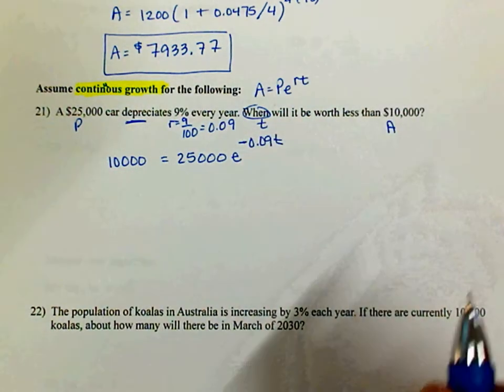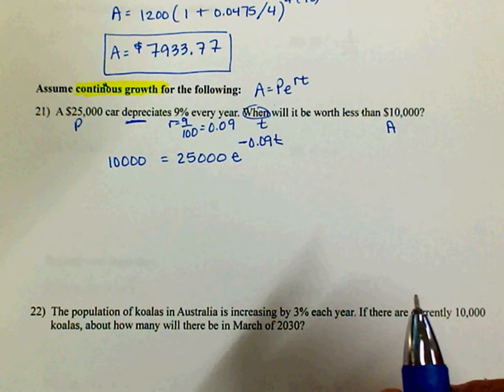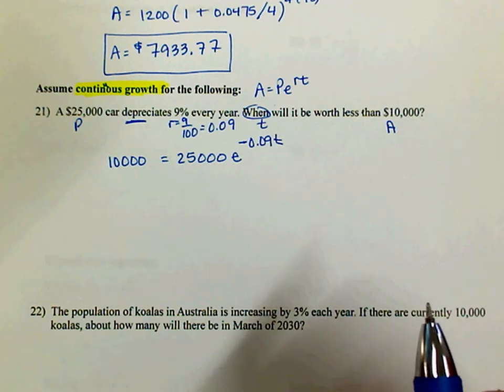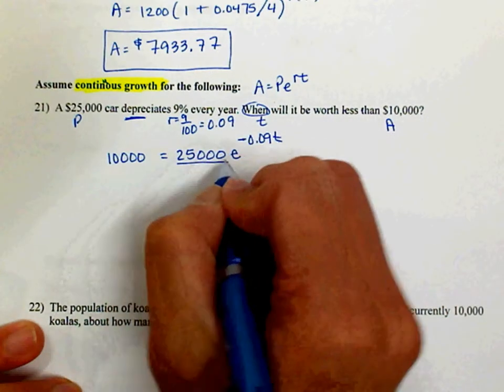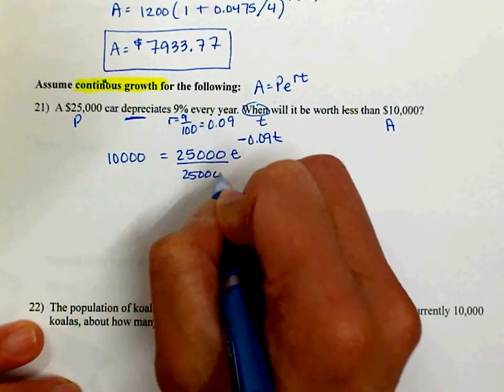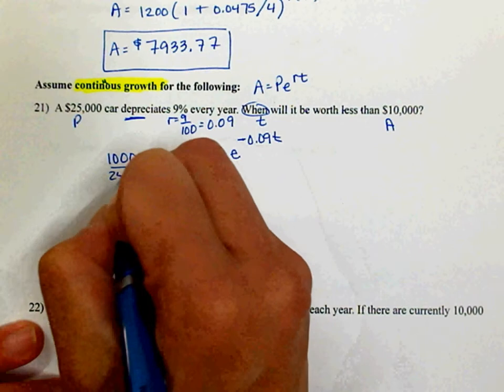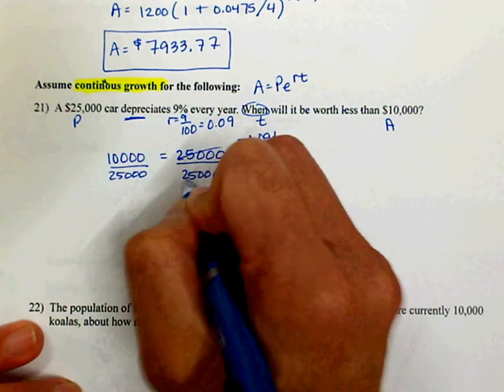All right, you actually have to solve for this because you already know how to solve using logarithm. You guys ready? Solve for t. So I'm going to divide each side by 25,000. Did I get enough zeros? That cancels.